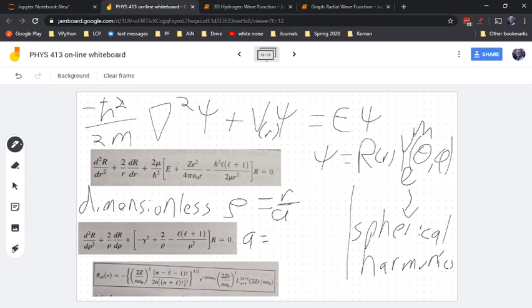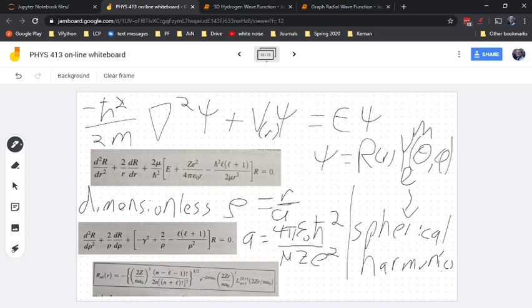This is going to be the characteristic length scale of this problem. It's basically taking all of these constants and lumping them together. So I have a 4 pi epsilon naught. I have an h bar squared. That's going to get rid of the h bar squared here and here. And then we're going to divide by mu times z times e squared.